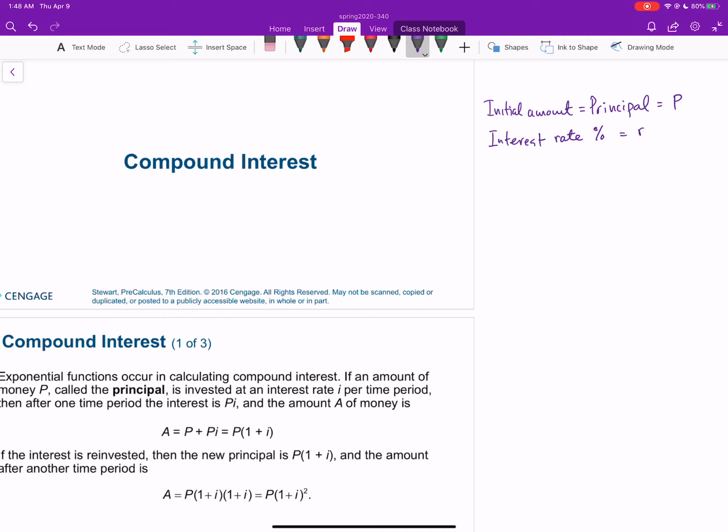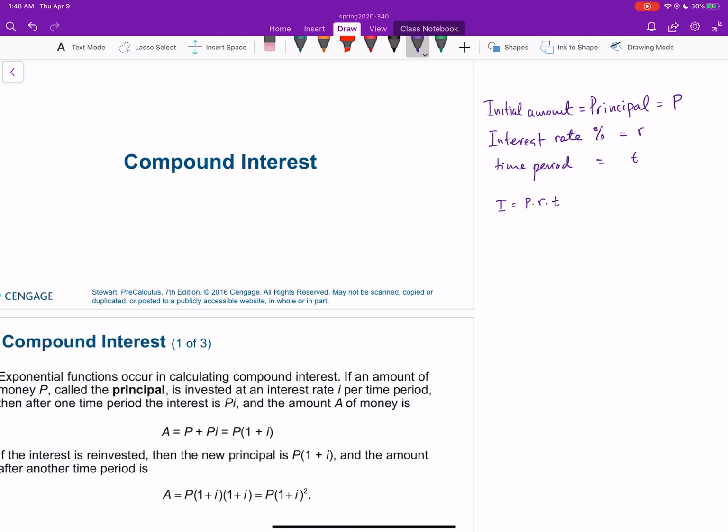We're going to call that R for now. And then there's a time period for this investment, which we're going to call T. So when we say interest, the interest comes about by multiplying P times R times T.